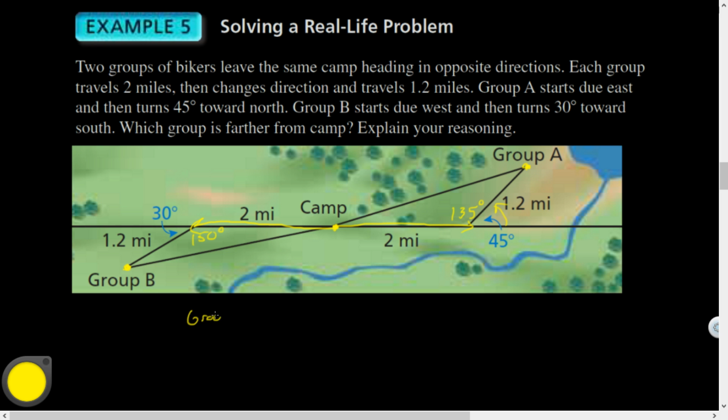Why? Because of the Hinge Theorem, Group B will be farther away from camp than Group A. This is definitely not drawn to scale, but that's all right.